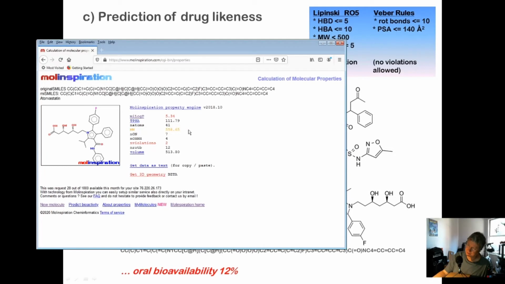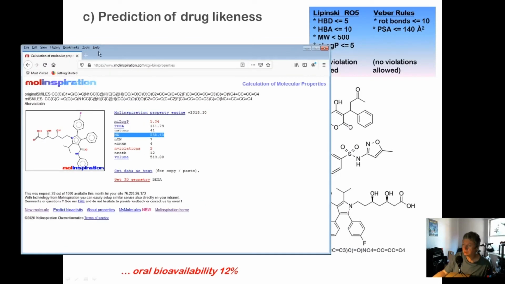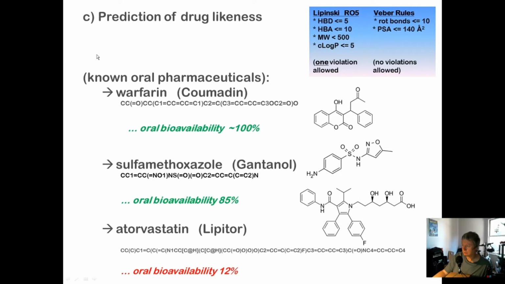I think as molecules get larger and larger, they have trouble getting through biological membranes. And if you take this orally and it gets absorbed in your intestines, the larger molecules start having problems. So that's why 500 is a pretty good cutoff. Okay.